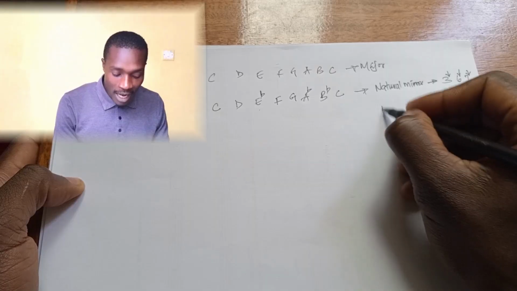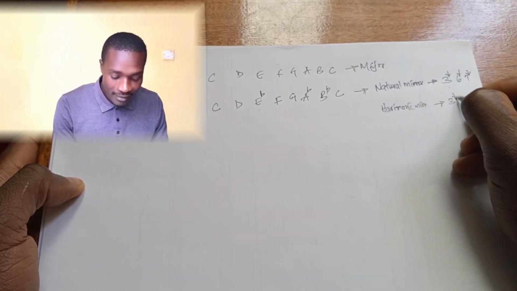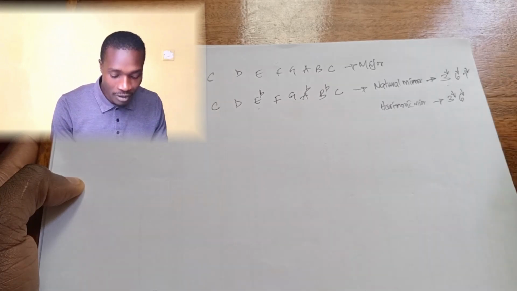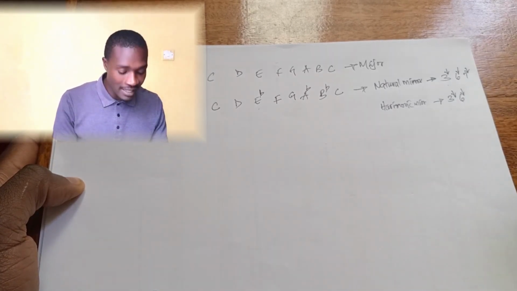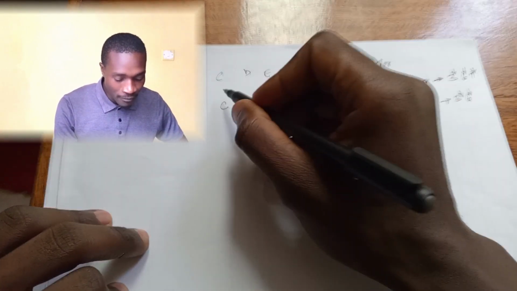We can also have the harmonic minor scale from this concept of lowering the third, sixth and seventh. For our harmonic minor, the third is going to be lowered. We are going to lower the sixth also, but we are not going to lower the seventh. So let's do that with our scale of C major.